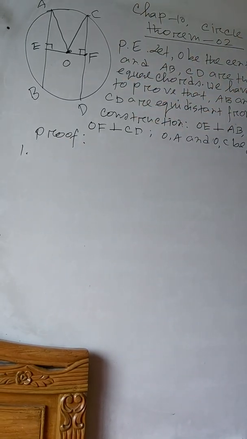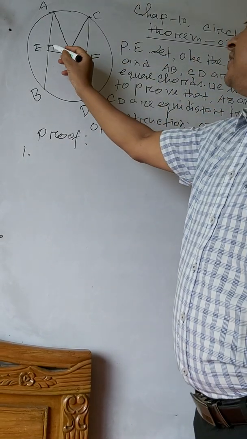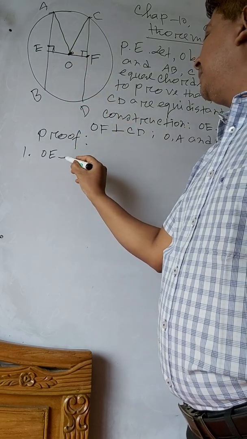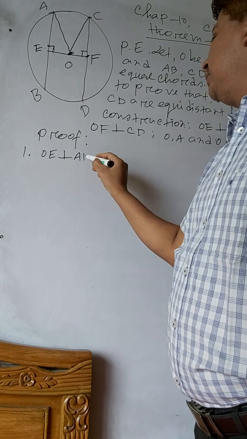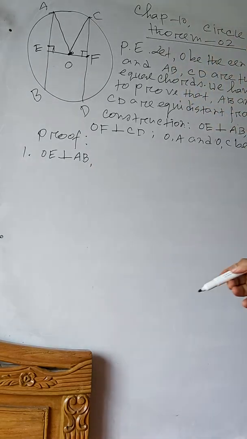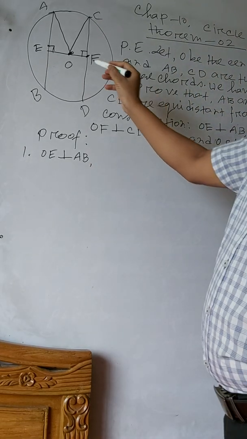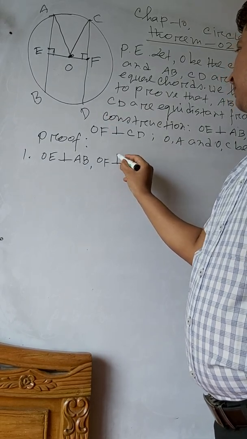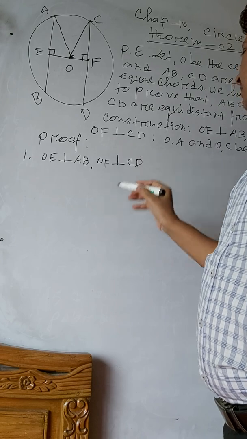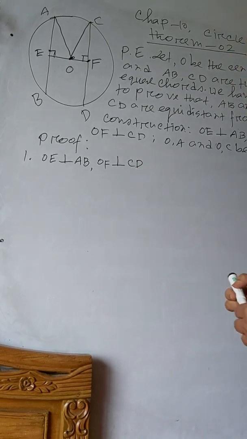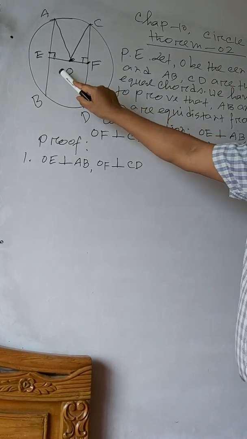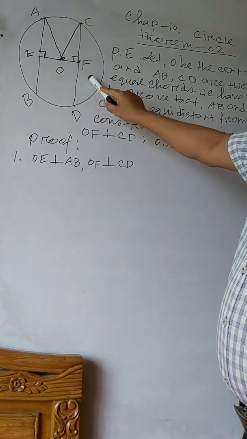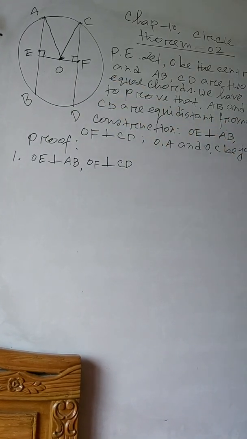Since OE is perpendicular to AB, and also OF is perpendicular to CD, from the above figure it is seen that OE is perpendicular to AB and OF is perpendicular to CD.